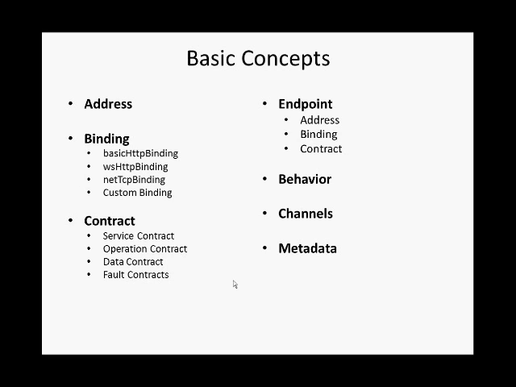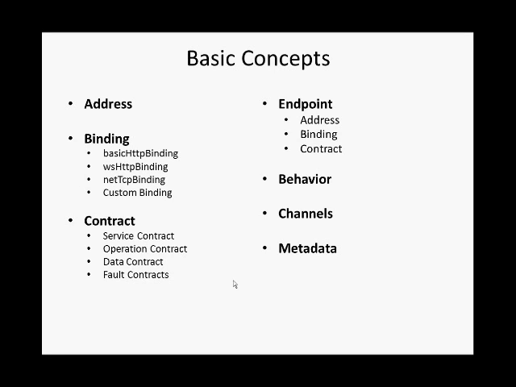And finally, we have metadata. Metadata is nothing but a proxy. If you use WSUtil or add service reference, basically the result you get is a proxy. A proxy is more like a schema of the classes, or rather the data contracts, which you need to use to communicate with the WCF service.